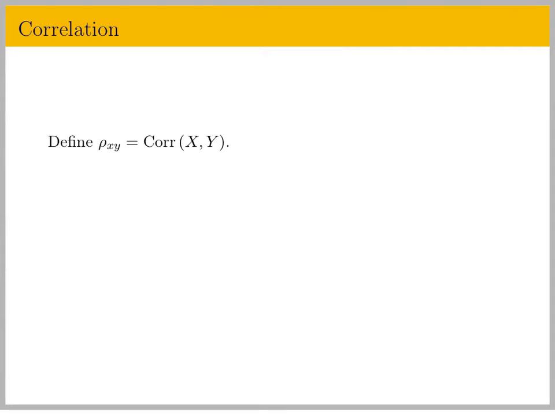Now it's often going to be useful to summarize the co-movement of two assets with the correlation rather than the covariance. So let's recall that the correlation between two assets, which I'm going to denote rho sub xy for the correlation between x and y, is by definition the covariance of those two assets divided by their standard deviations.